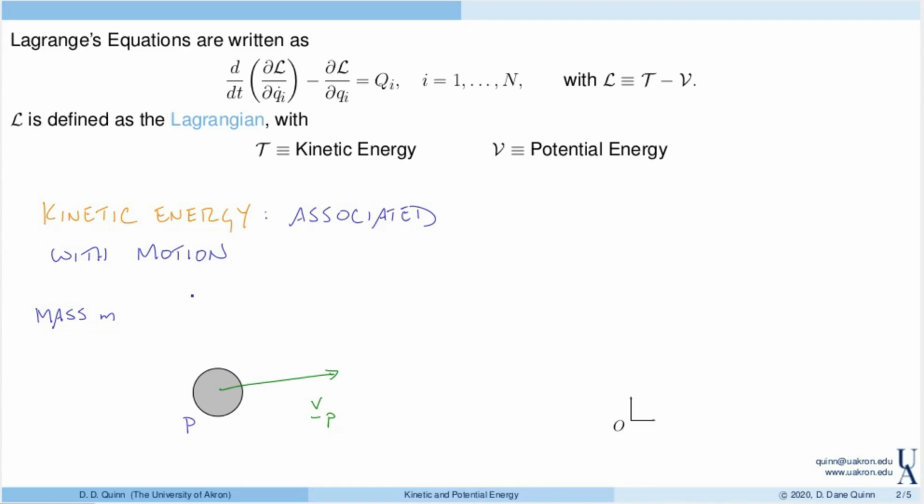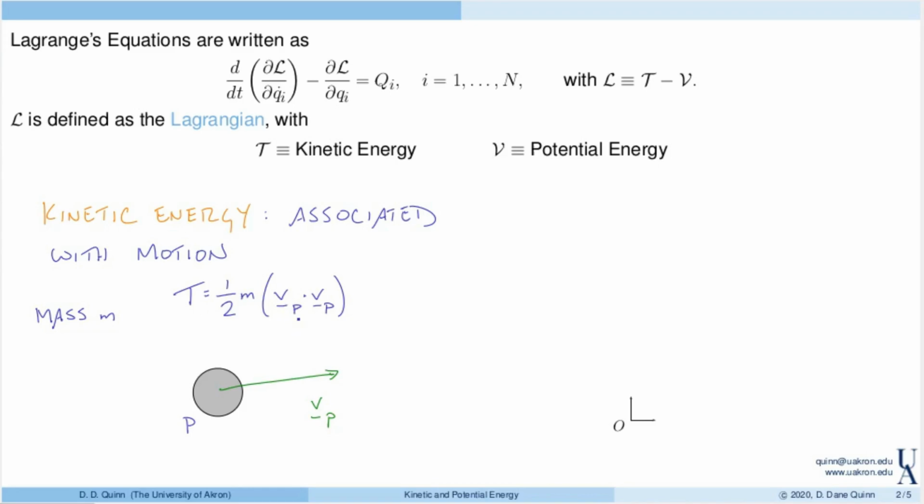So in this case, the kinetic energy is 1/2 times the mass times, we often say velocity squared, but really it's the speed squared. Velocity is a vector quantity with magnitude and direction, and when we talk about kinetic energy, it's a scalar quantity. So it's really the speed squared.